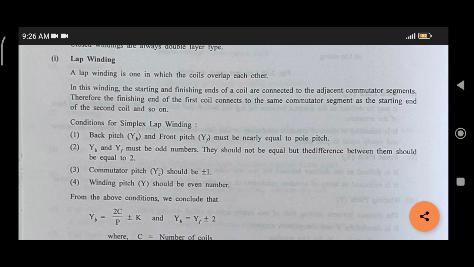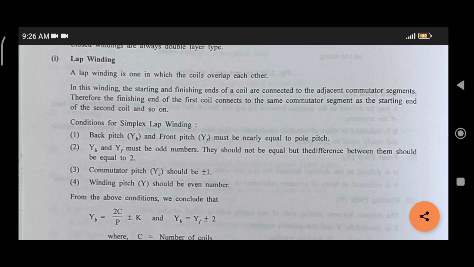Adjacent means nearby, for example commutator segment 1 and commutator segment 2. So the start of the coil is connected to commutator segment 1, then the end of this coil is connected to commutator segment 2. This is the way they are connected to the commutator.